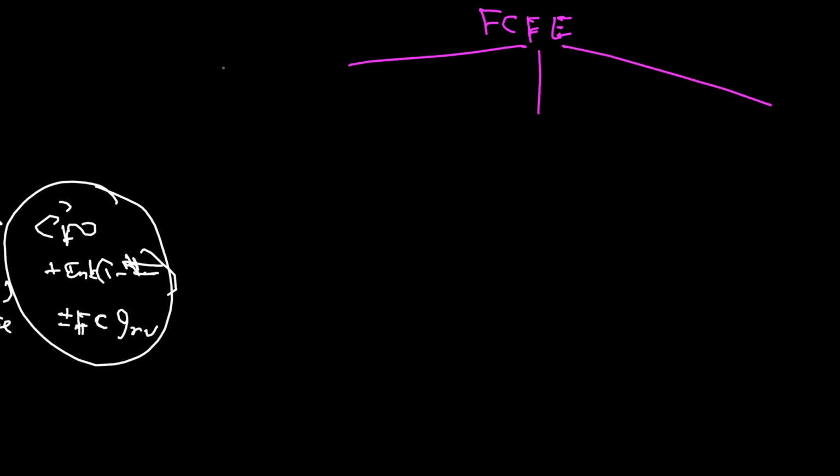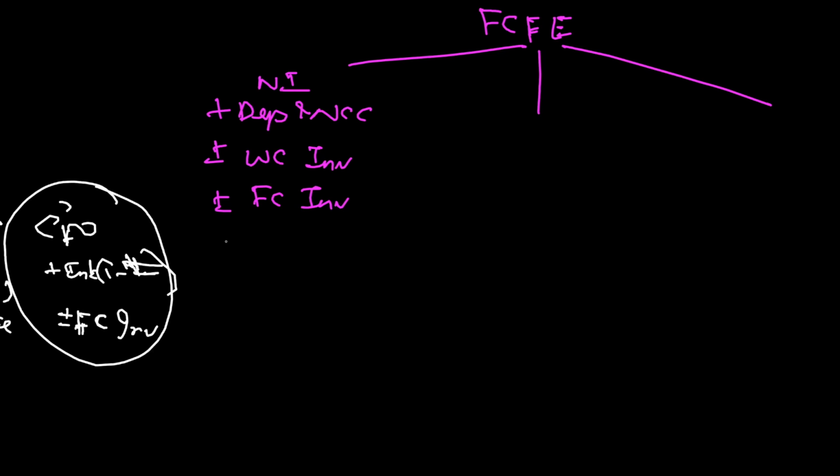Okay, so number 1, I can do this with this formula: net income plus depreciation and non-cash charges plus or minus working capital investments plus or minus fixed capital investments, and then plus or minus net borrowing. Okay, this is one formula.